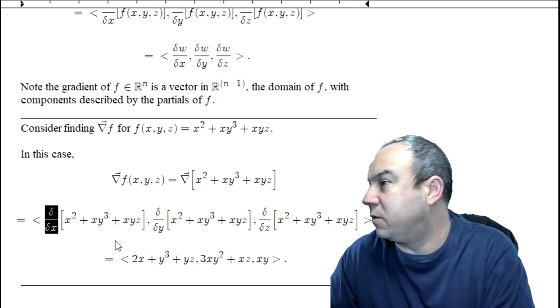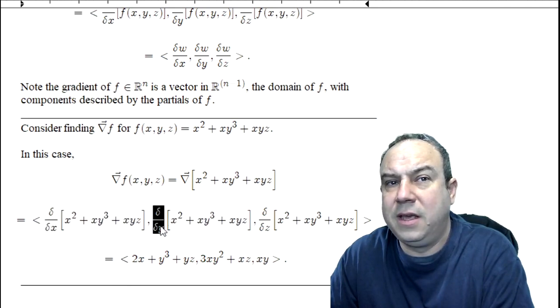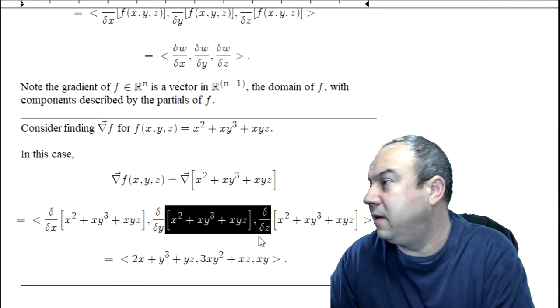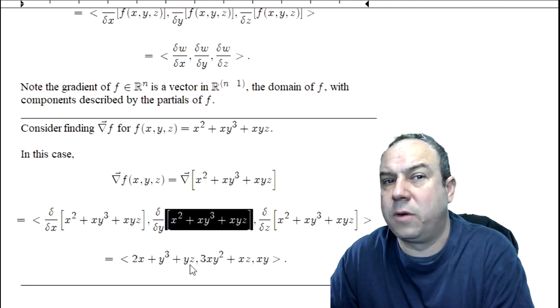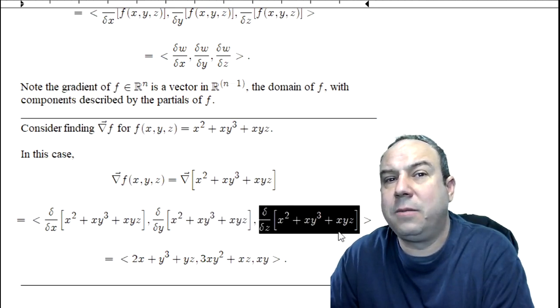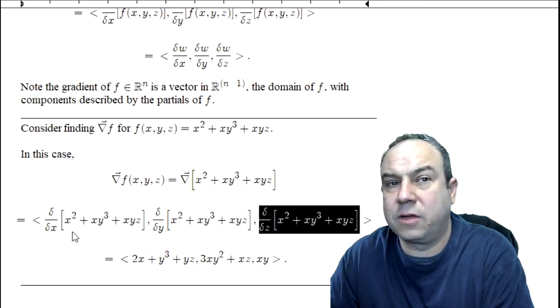It'll apply itself with respect to x to this multivariable function for our first component of the gradient. It'll apply itself with respect to y to the multivariable function to form our second component. And it'll apply itself to z to find our third component.